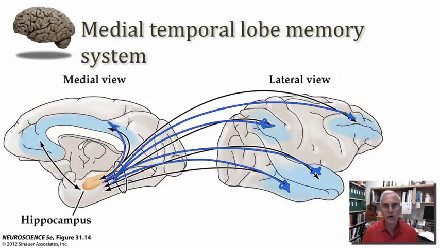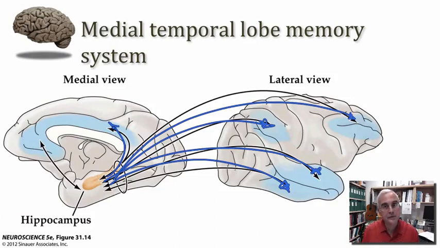So when we recall a memory, and I would invite you all right now to recall some memory, perhaps a memory from childhood or perhaps a memory of what you ate for breakfast today, whatever memory you may be operating with right now reflects the back activation from this medial temporal lobe memory system to the relevant associational cortical regions that first process that information.